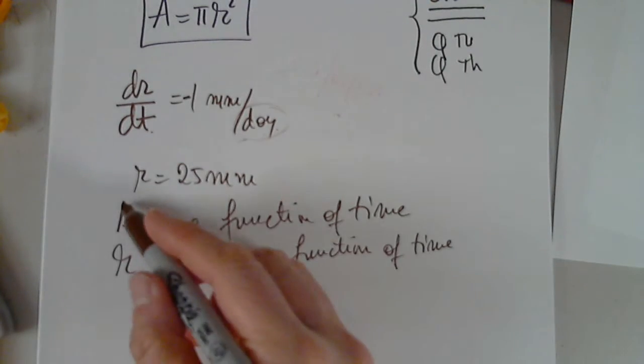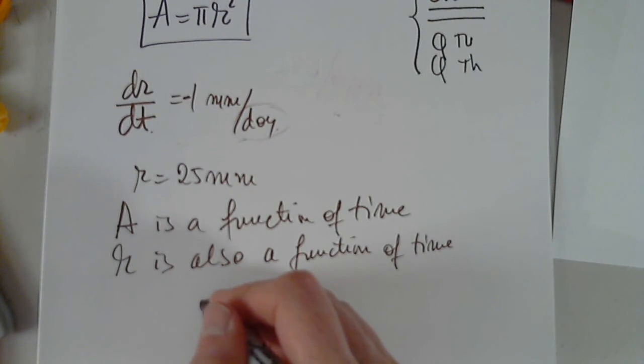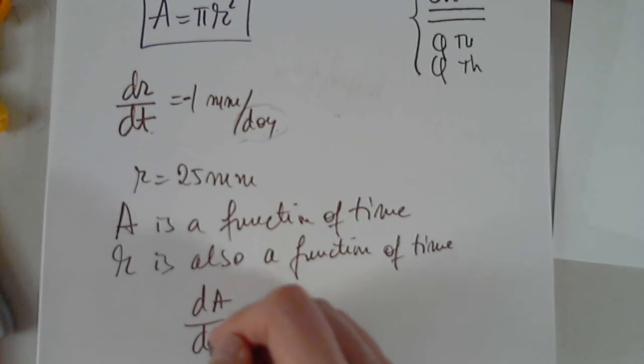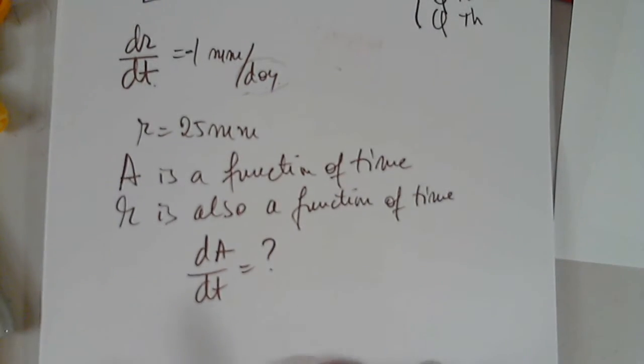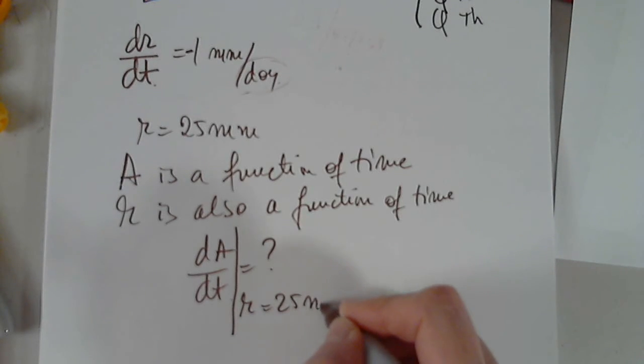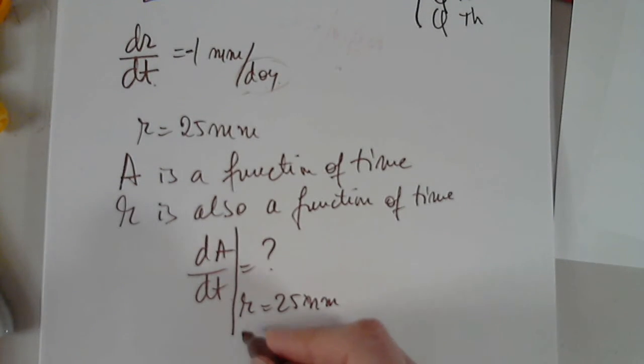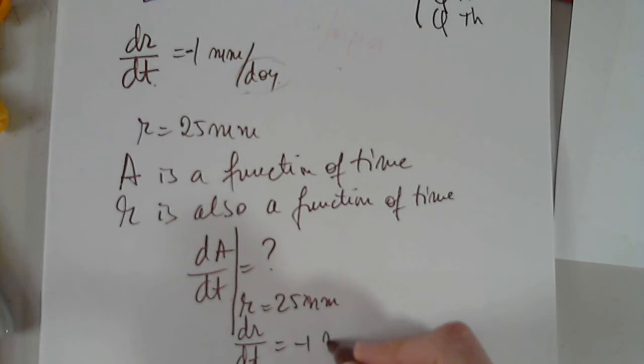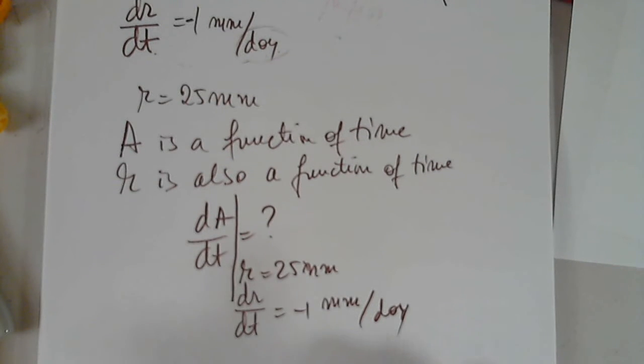So I expect that dA over dt, this is what we're asked to find when the radius is 25 millimeters and when dr over dt equals -1 millimeter per day. So this is the question. Well, I have to find dA over dt first before I plug in all these numbers.